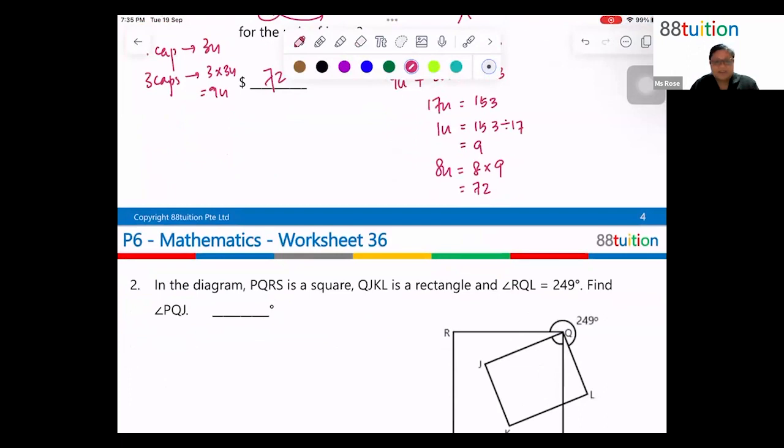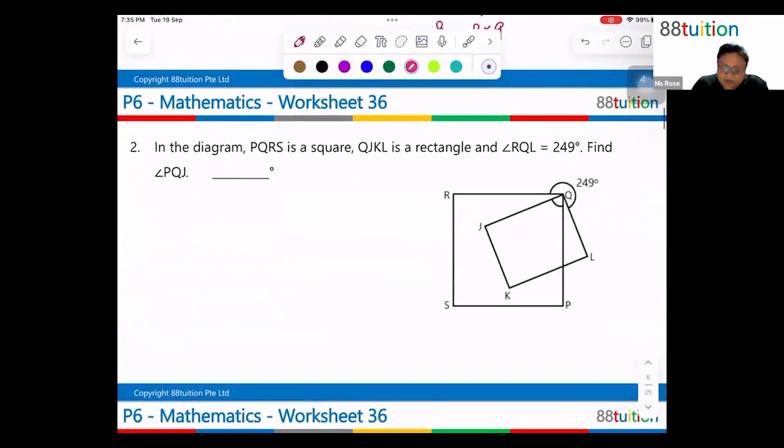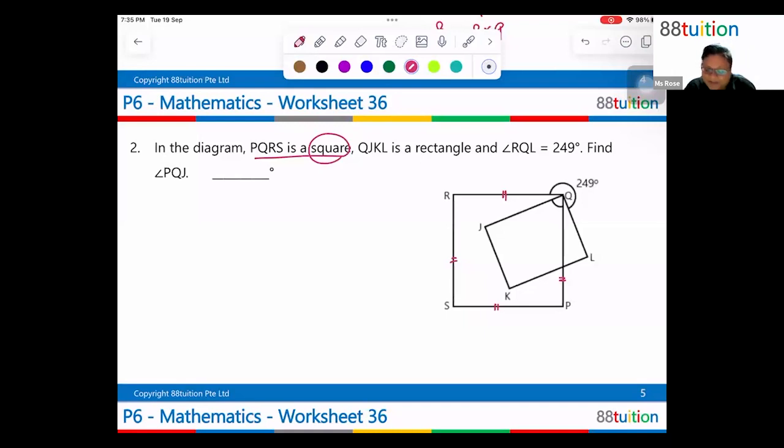Okay, now let's look at question number 2. So in the diagram, PQRS is a square. So because it is a square, I'm going to highlight the lines. Now, from here, I know that, sorry, I'm just distracted with people coming in.